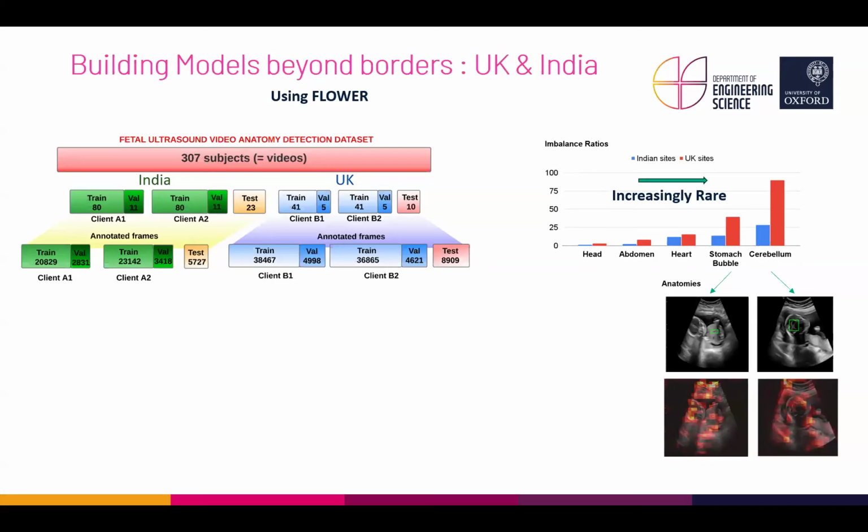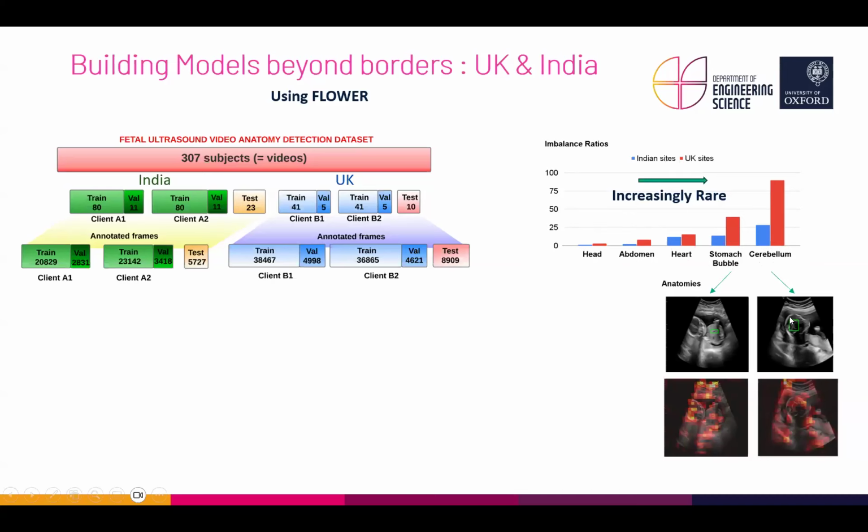Now the problem we encounter is class imbalance, which is often encountered in medical image analysis because of the rarity of some anatomies, some diseases, etc. In the videos, on different frames, the head, abdomen, and heart were quite dominant. They were quite available, whereas the stomach bubble and cerebellum were very fine-grained structures. They're basically substructures. The stomach bubble is a substructure inside the abdomen, and the cerebellum is a small substructure inside the head, as you can see here.